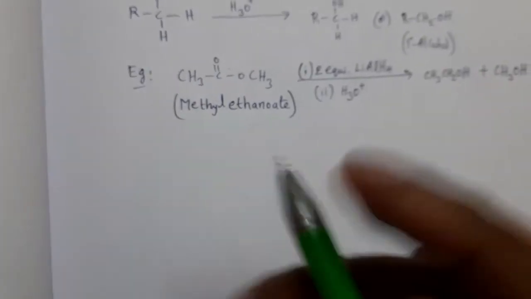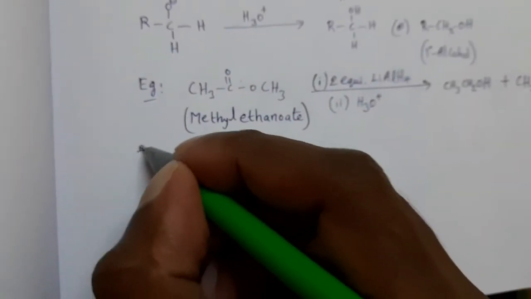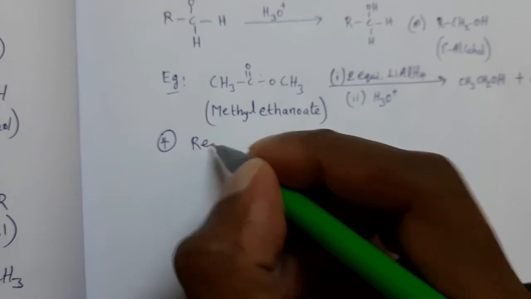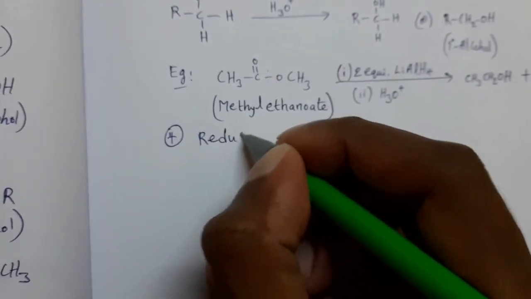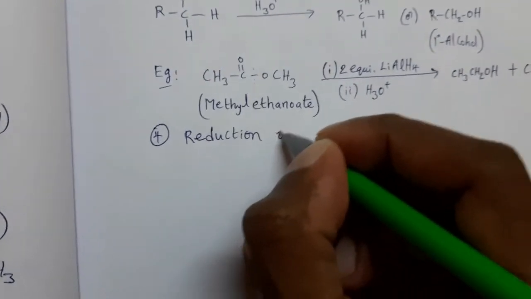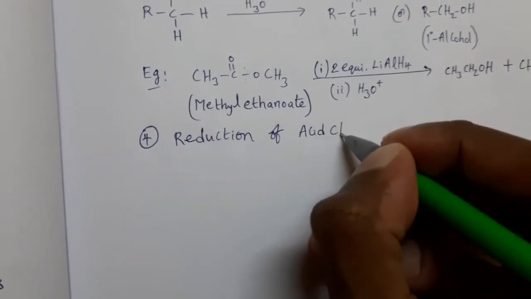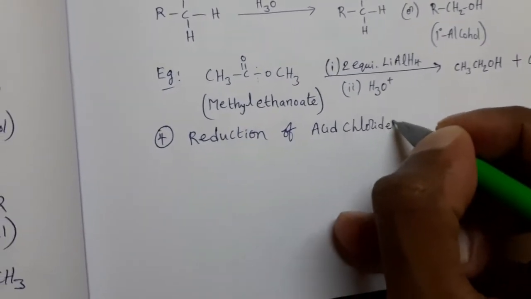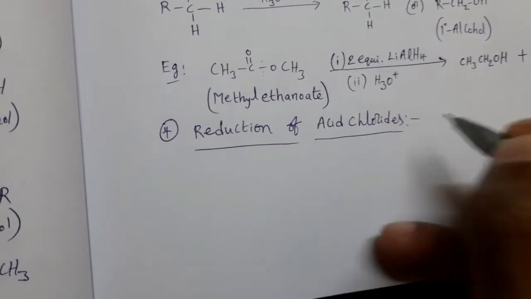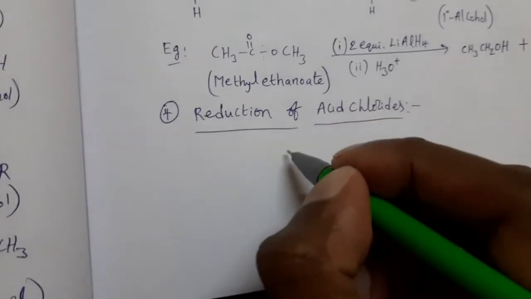Next, another functional group is reduction of acid chlorides. Reduction of acid chlorides. When acid chlorides are reduced with LiAlH4, we can get alcohols.